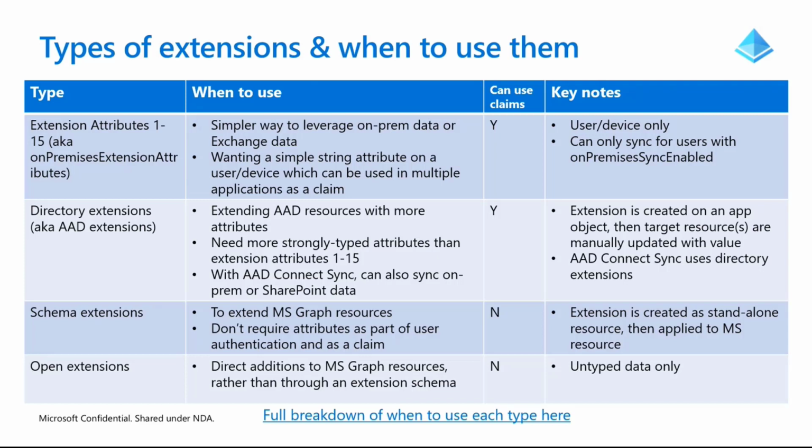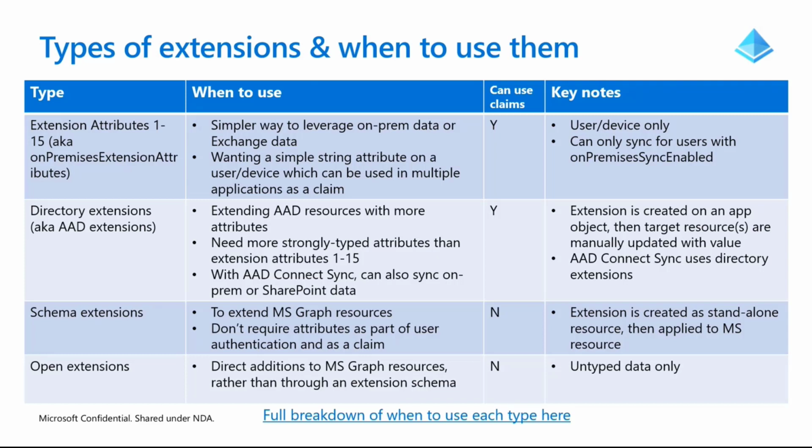So you set up, this is my extension attribute named extension attribute 3. It can be used for users and it can contain these fields inside of it. This type of extension is also used to power AAD Connect Sync. So if you're familiar with that, you may be somewhat familiar with directory schema.